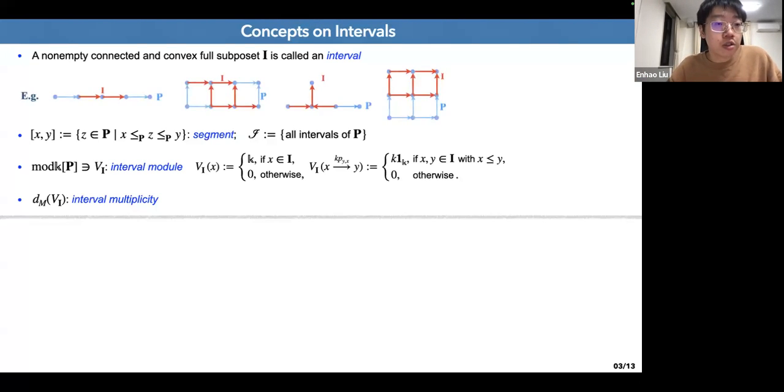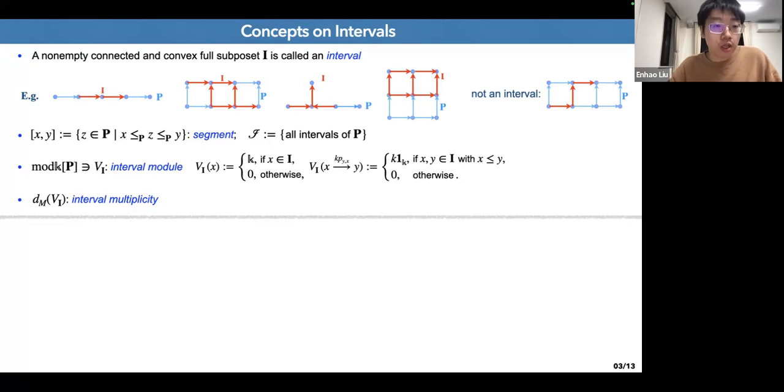Okay, so we have some examples. I give you four examples of intervals. The red regions are intervals of P. And there's also a non-interval example, which is not an interval because it does not satisfy convexity.